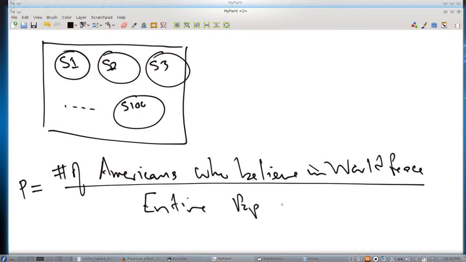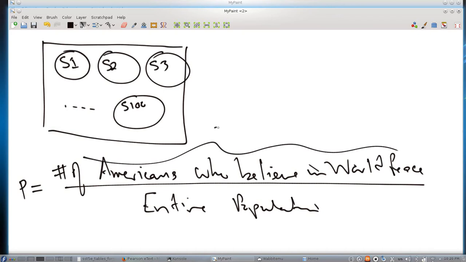The number of Americans who believe in world peace is sometimes referred to as the number of observations. So here we are basically computing the percentage, the proportion of people who believe in world peace divided by the entire population.